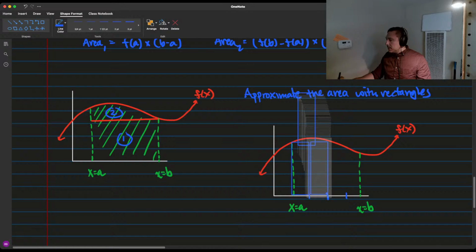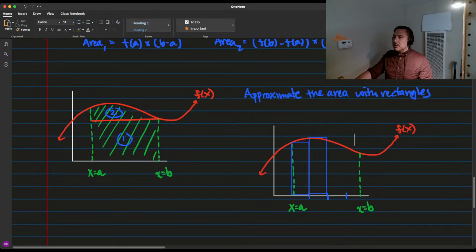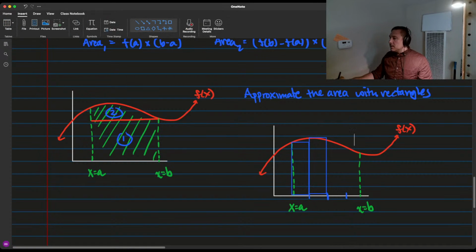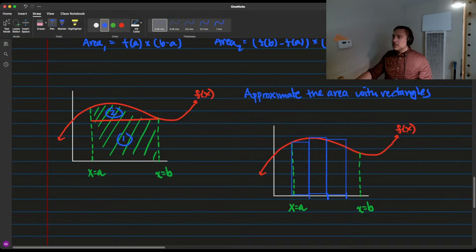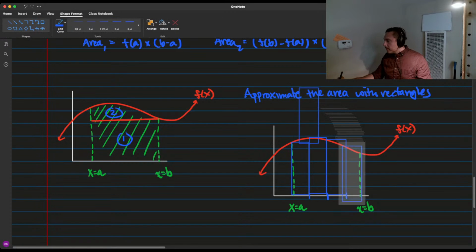I want another one, but the height needs to be a little different. And then I want another one. There we go. Height will be like that. And then another one too. Like so.